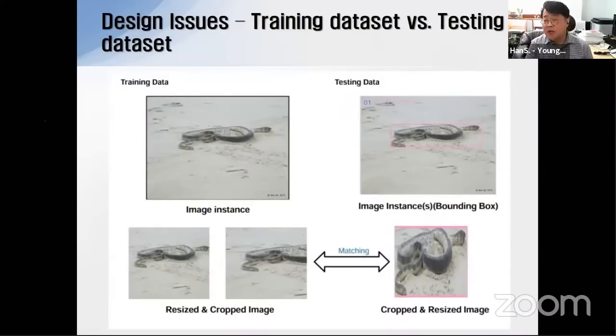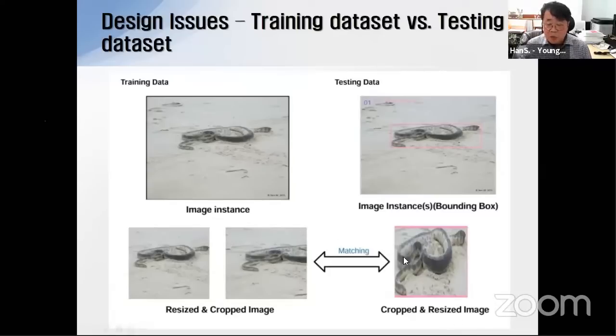To design these object detectors, we need to consider several side effects. For training the data, we need to find some region and resize and crop. Right, we train on these images, and then there's testing, I mean the predicting stage. We need to find some cropped images, and crop and resize.